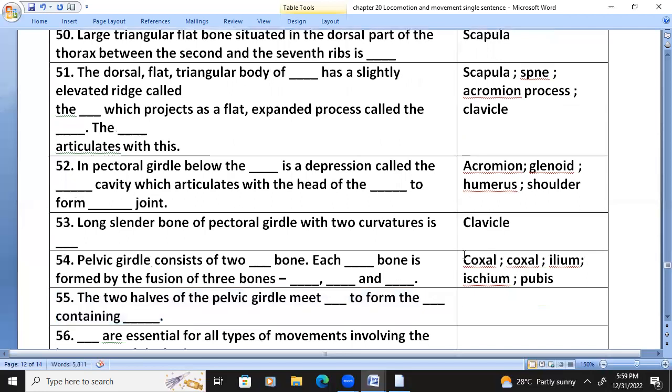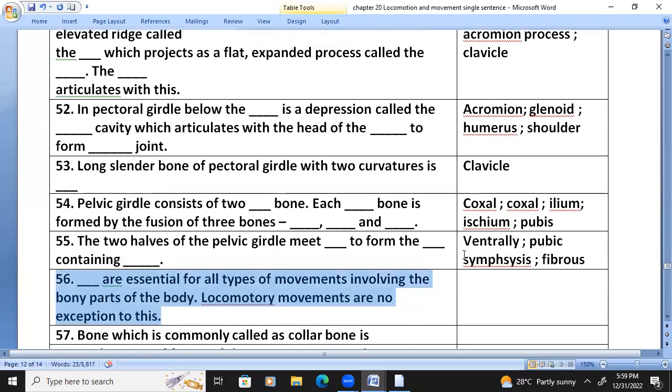The two halves of the pelvic girdle meet ventrally to form the pubic symphysis, containing fibrous cartilage.